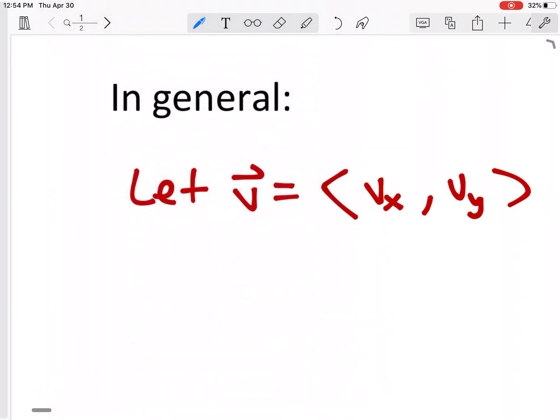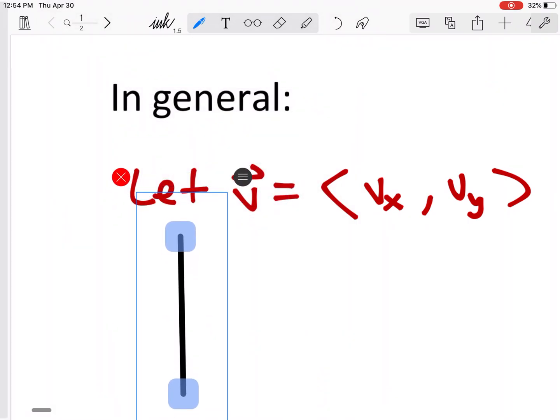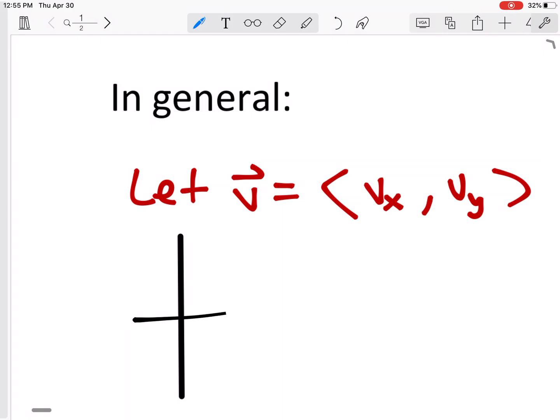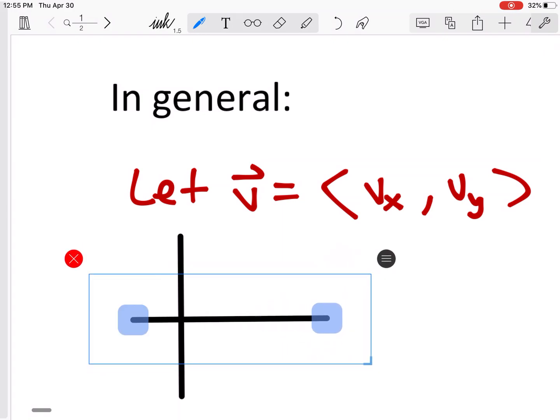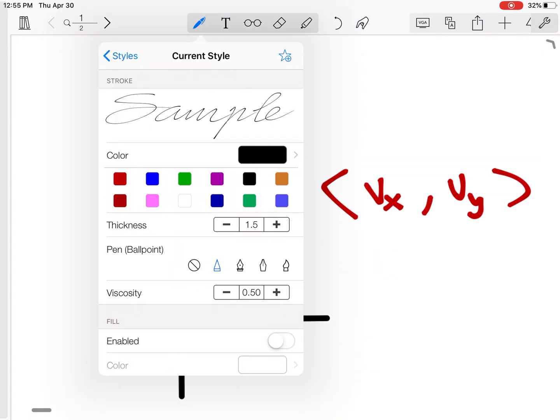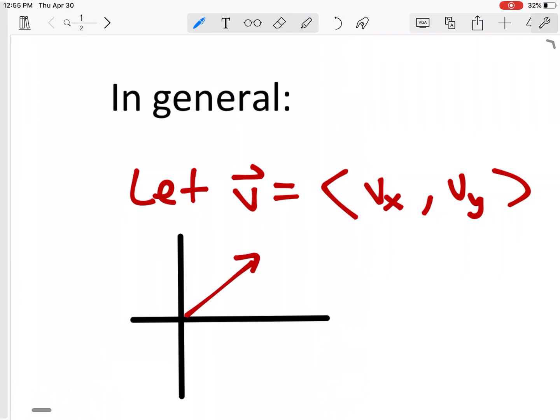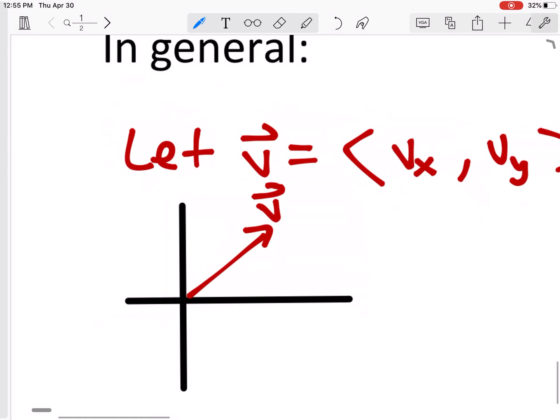So as a picture, it doesn't really matter what quadrant it's in. I'll draw it in quadrant 1 again. This is our vector v. It has a vertical component, v sub y, and a horizontal component, v sub x. There's our angle, and this is our magnitude.